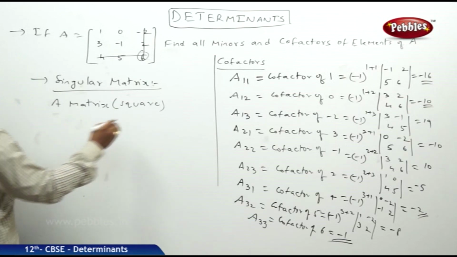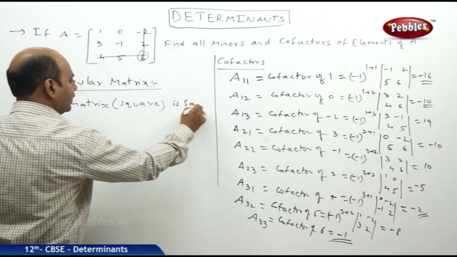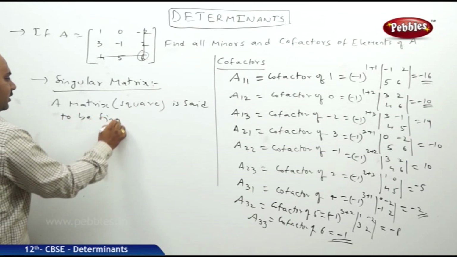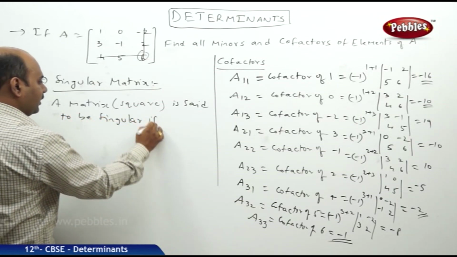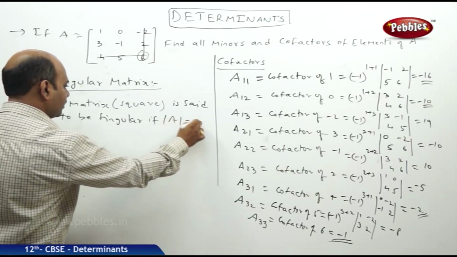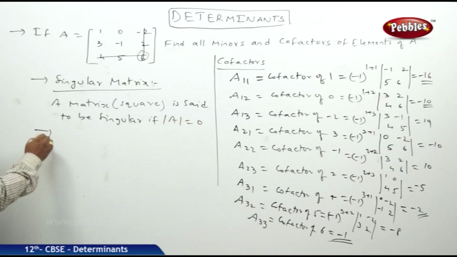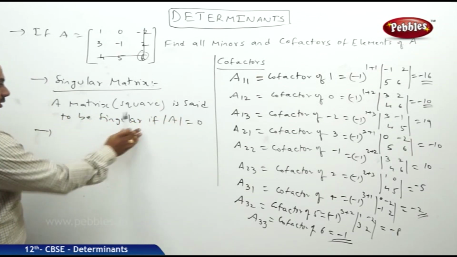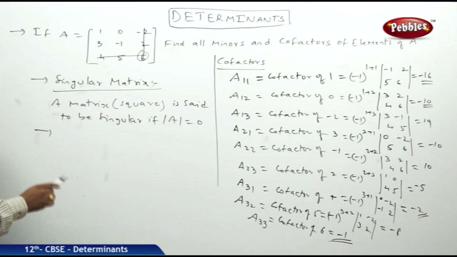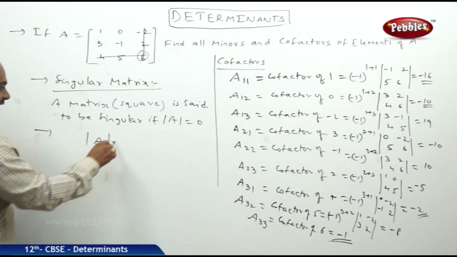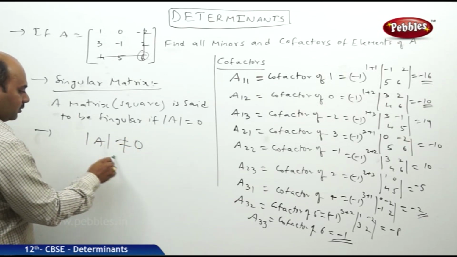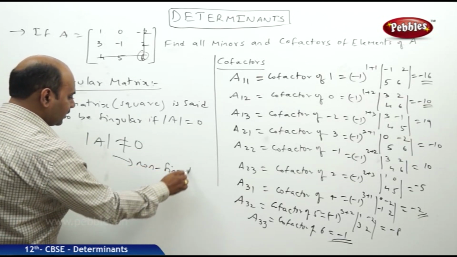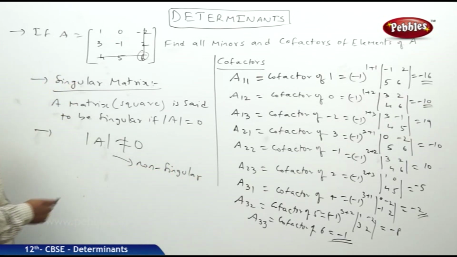A square matrix is said to be singular if determinant of A is equal to 0. Remember, a square matrix is said to be singular if determinant of A equals 0. If suppose determinant of A is not equal to 0, then we can call that matrix a non-singular matrix.